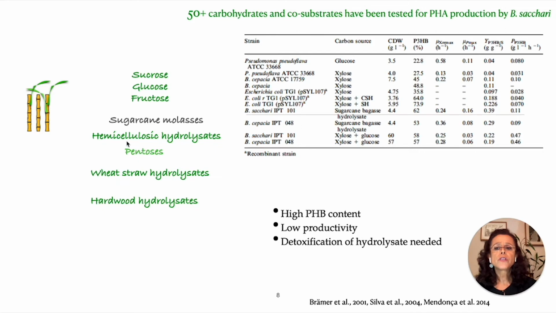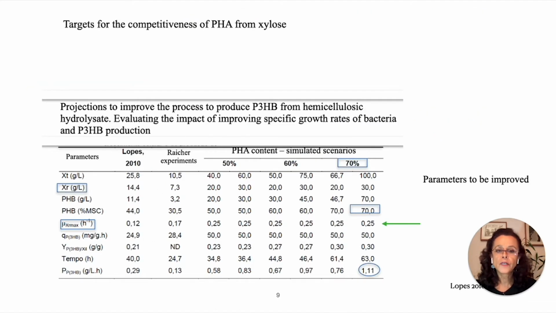However, the conversion of pentoses to 3-HB was low if we take into account the maximum theoretical yield. And, of course, detoxification of the hydrolysate is needed. But the literature has been testing other hydrolysates with our bacteria very successfully.